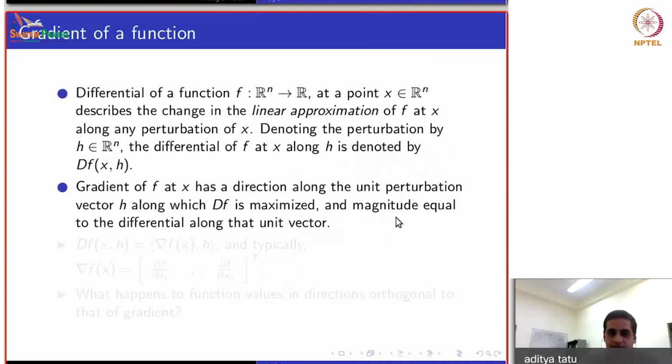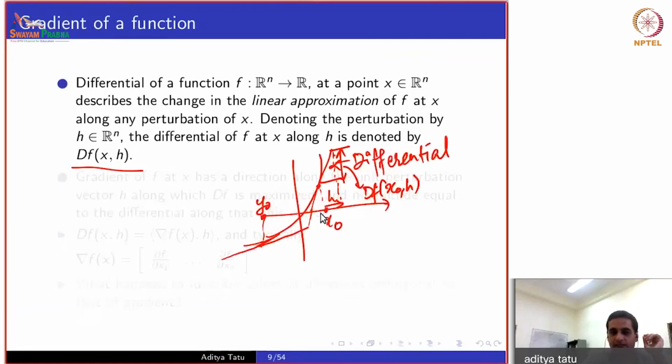The gradient of the function at a point x, first of all, note that it's a vector. The direction of the vector, so the unit vector, is along the perturbation vector along which this differential is maximized. In this case there is only either this direction or this direction, but of course we are talking of functions on Rn, so we have this sort of a situation.